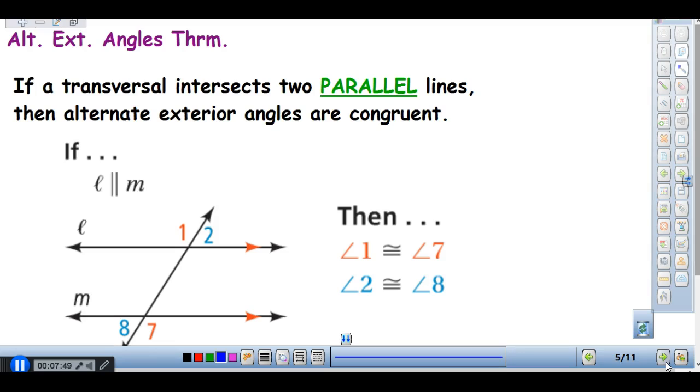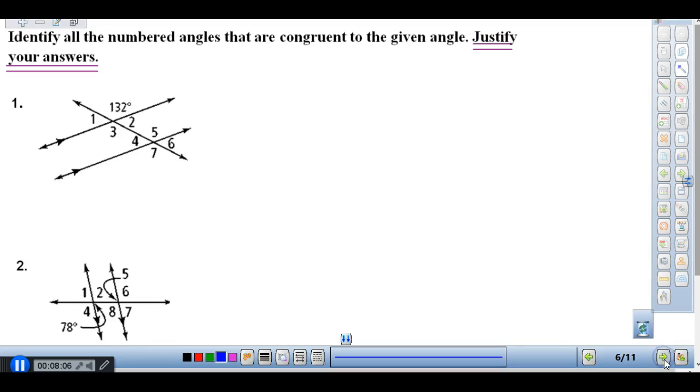So alternate interior, alternate exterior, and corresponding angles are all congruent. And what else? Vertical angles are congruent. Linear pairs are supplementary.